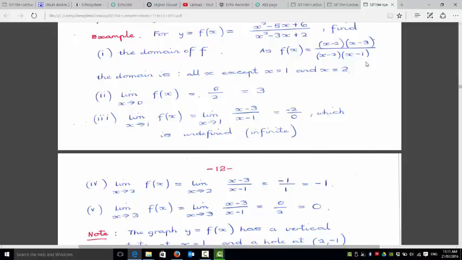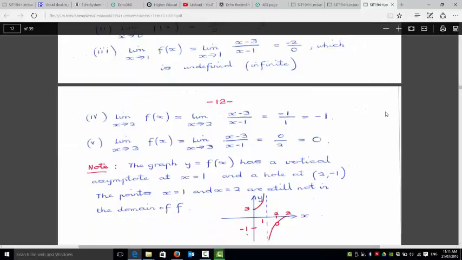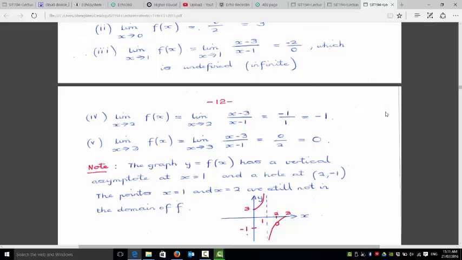In the numerator, no matter what x minus 3 is when x approaches 1, the limit will become minus 2 over 0. Because the denominator should not be an infinitesimal, the limit is undefined.